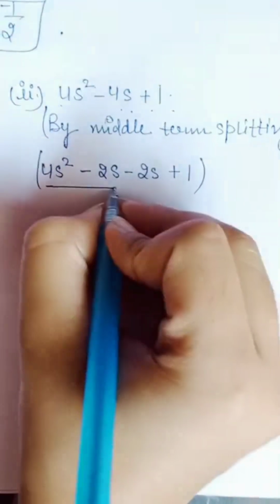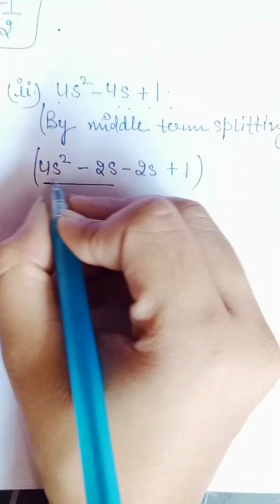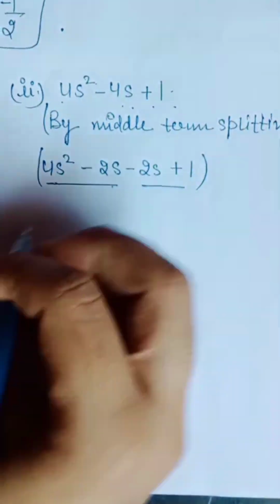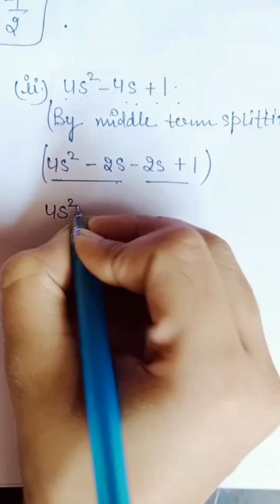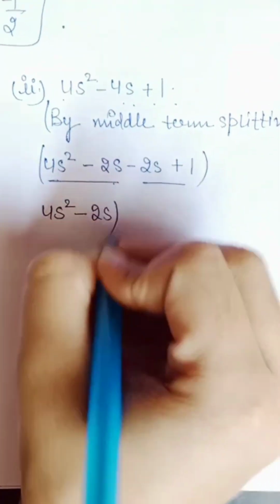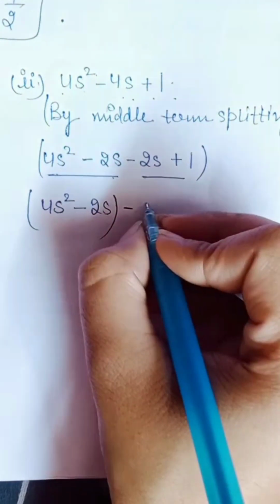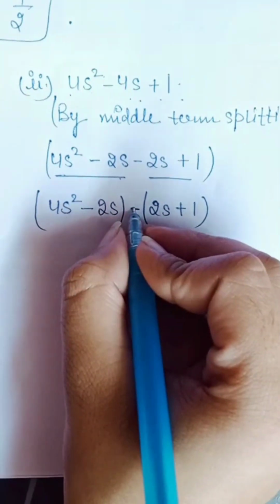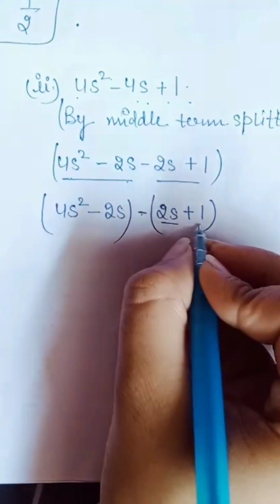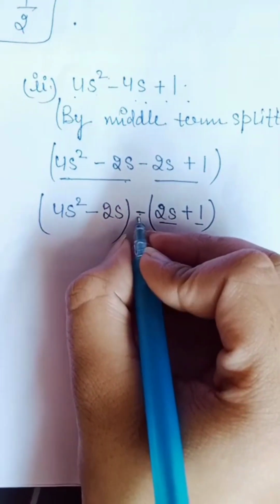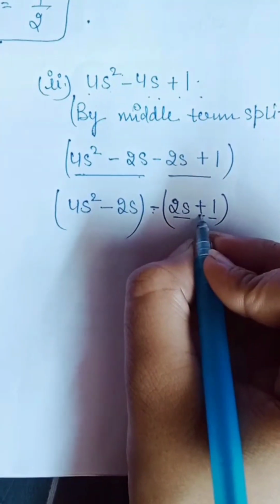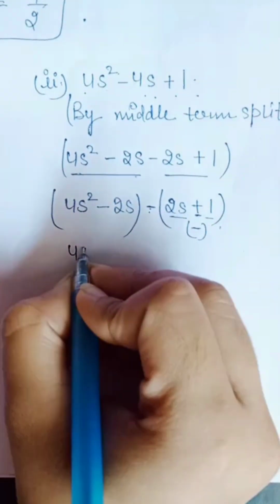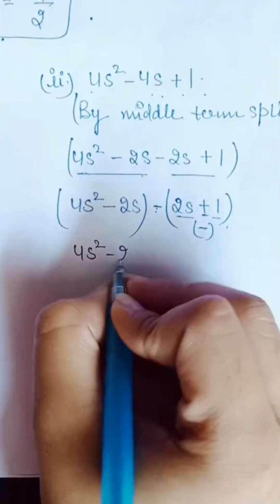Now take these two numbers in one bracket and these two numbers in one bracket. So we can write like this: 4s square minus 2s minus 2s plus 1. Here we are having minus, so if we multiply these two numbers with minus, the sign will change. So it will become a negative sign. So we can write 4s square minus 2s.